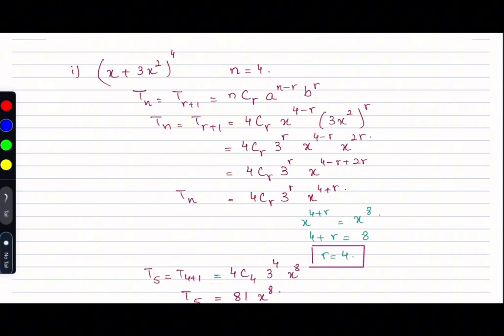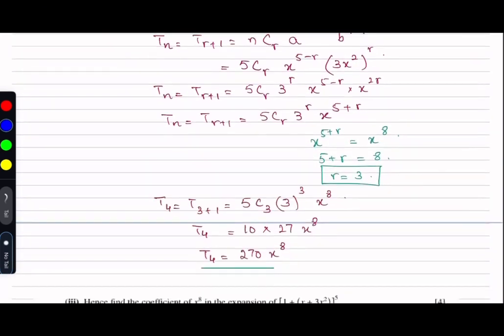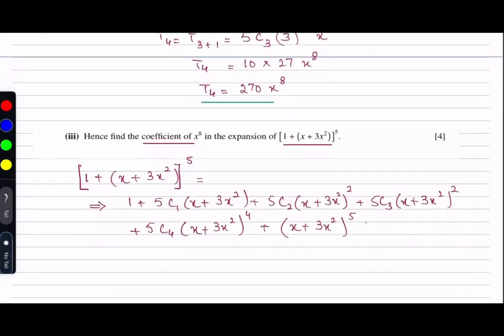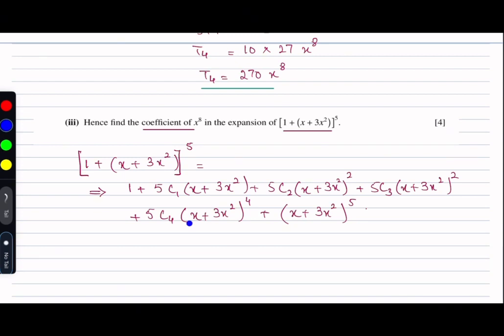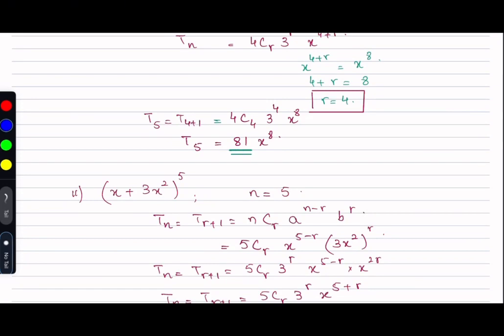For (x plus 3x squared) to the power 5, we again solved for the coefficient of x to the power 8, which gave us the answer as 270. So it's basically connected with part 1 and part 2, giving me the answer as 270 here, and for the first part, it was 81 x to the power 8.